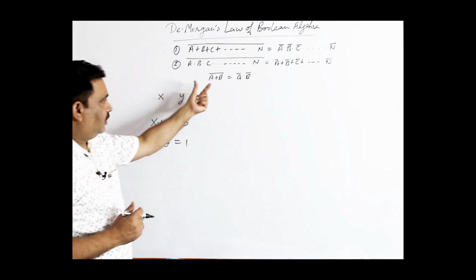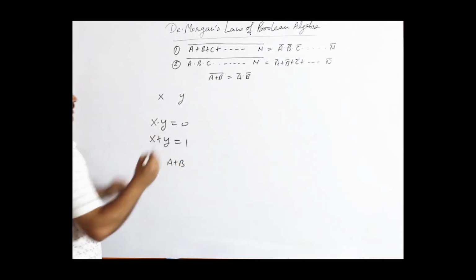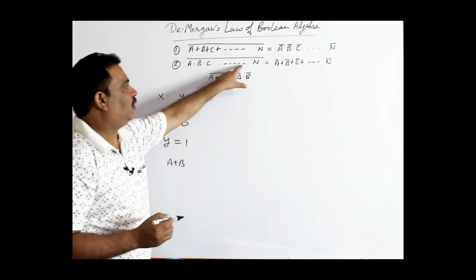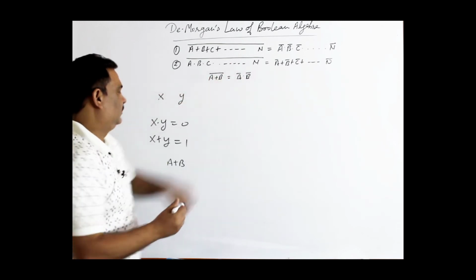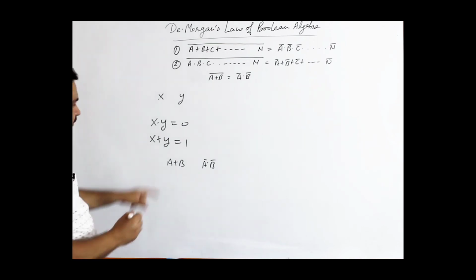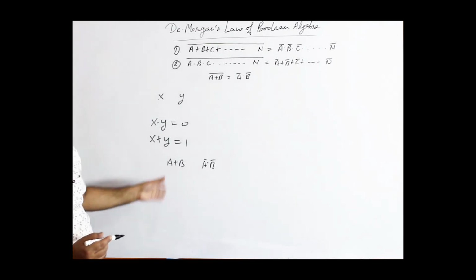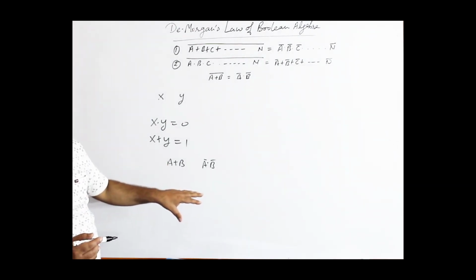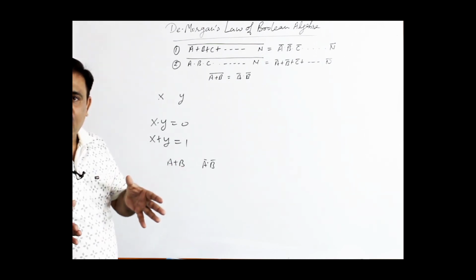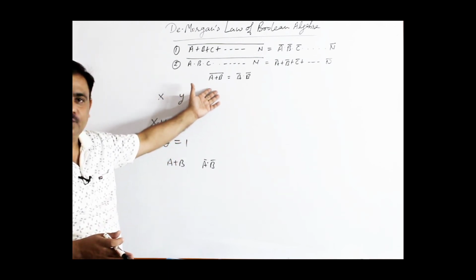So here, suppose A plus B is x, and y is A complement dot B complement. If I say this is the complement of that, then their product must be 0 and their sum must be 1. If we are able to prove this, then the theorem is proved.